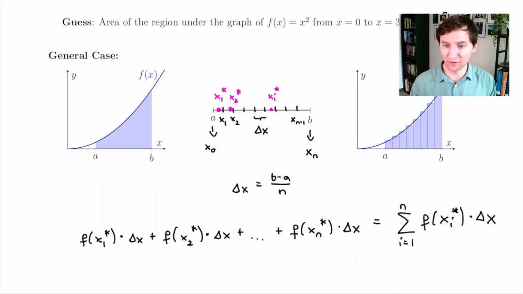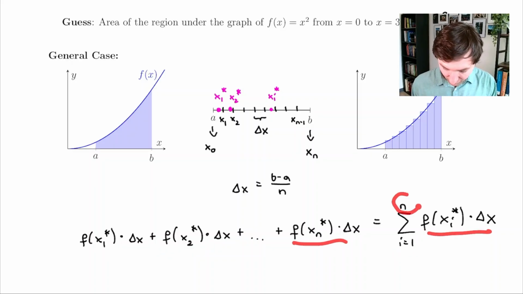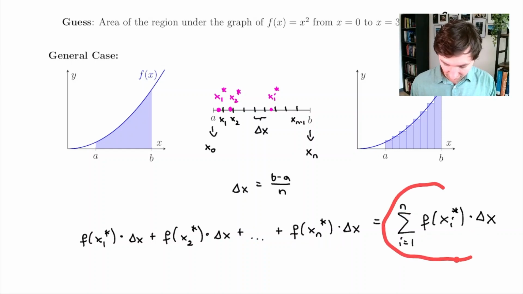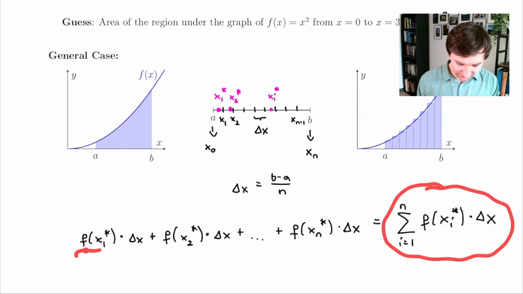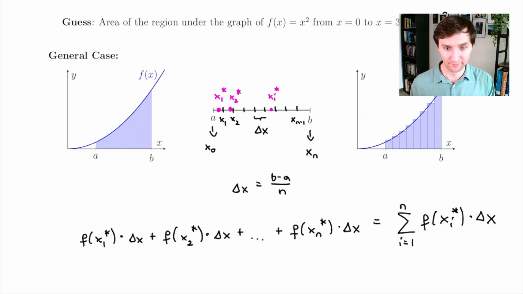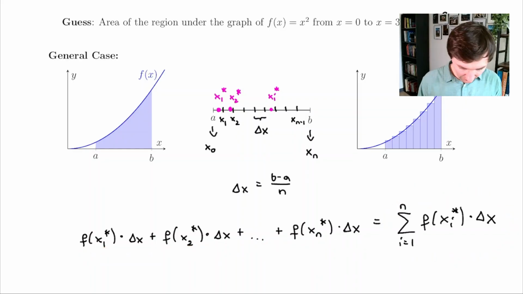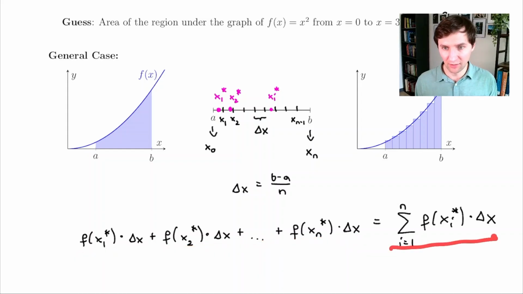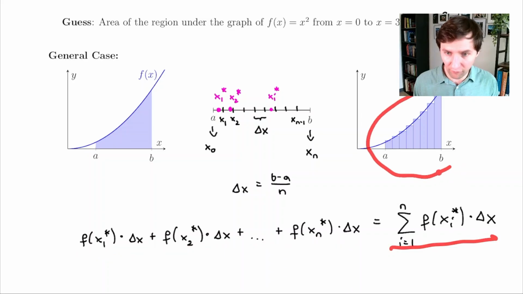Then you get the third term, fourth term, all the way up to the nth term. And the nth term is the last one that you use. This notation means exactly the same thing as this. In other words, this expression, which is the same thing as this expression, represents the sum of all of these rectangles.